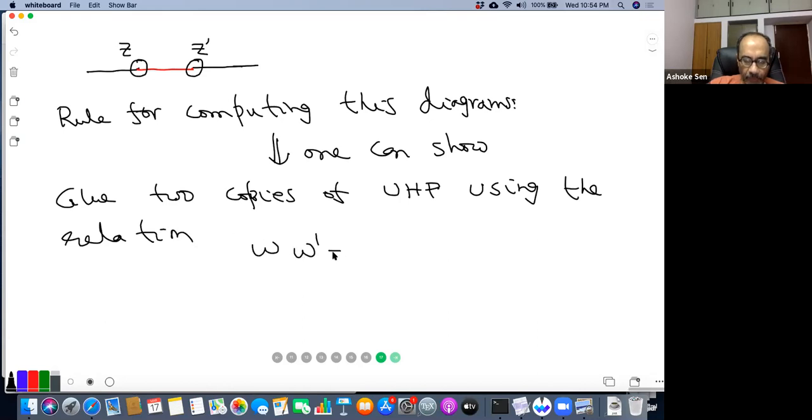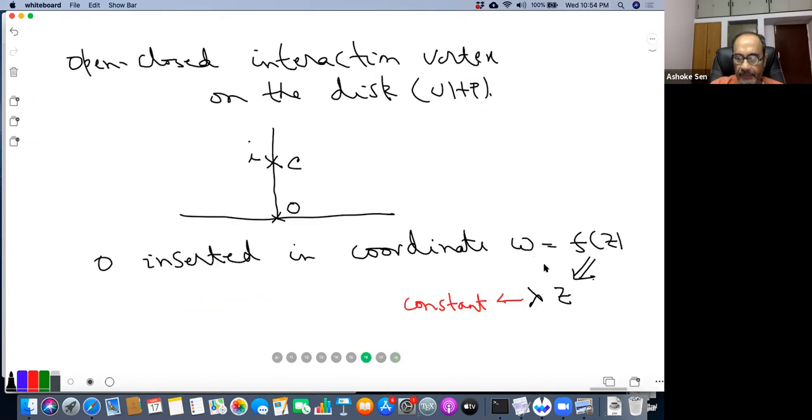w prime equal to minus q, where w is the coordinate system at the open string vertex. This is what I have chosen here, and our simple choice is lambda z, and so similarly w prime is lambda z prime.